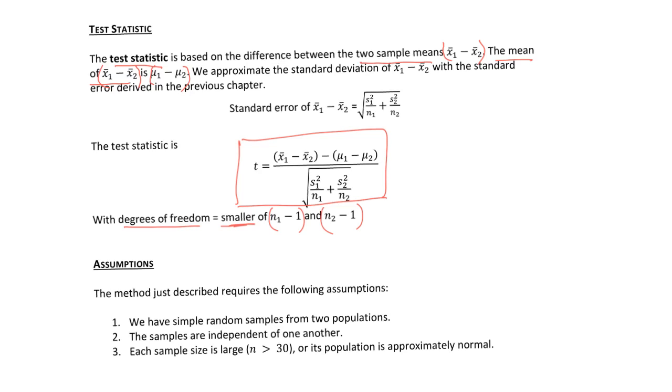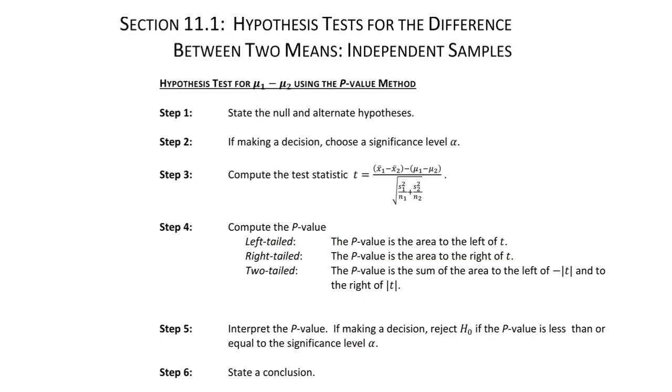Assumptions: we have a simple random sample from each of two populations, the samples are independent of one another, and the sample sizes are greater than 30 or the populations are approximately normal. The step-by-step procedure for the difference between two means using the p-value method is given below.